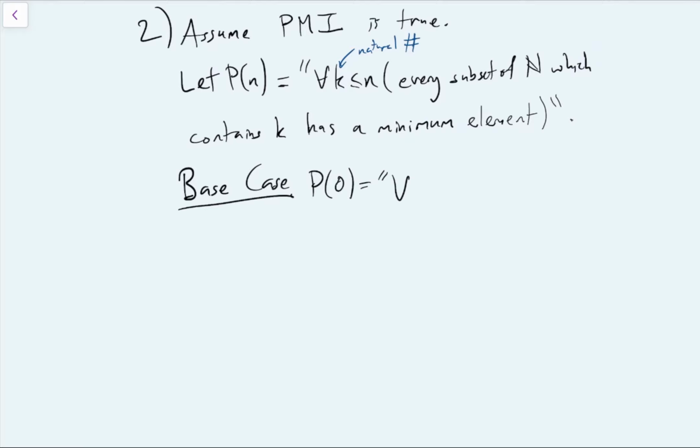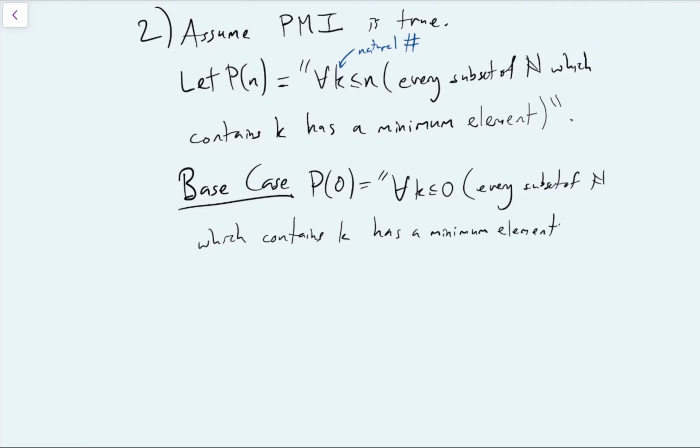P of 0, just copying letter for letter, is going to be the statement that for all k less than or equal to 0, every subset of n which contains k has a minimum element.